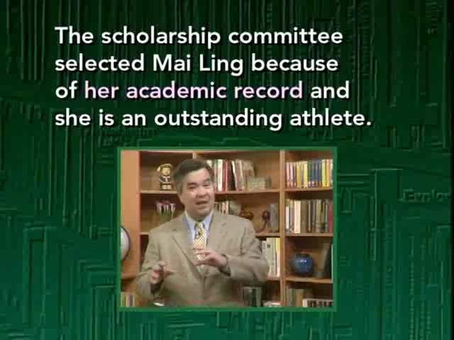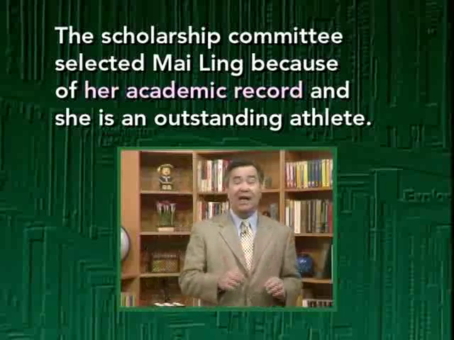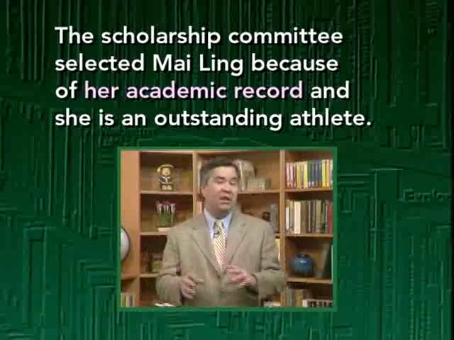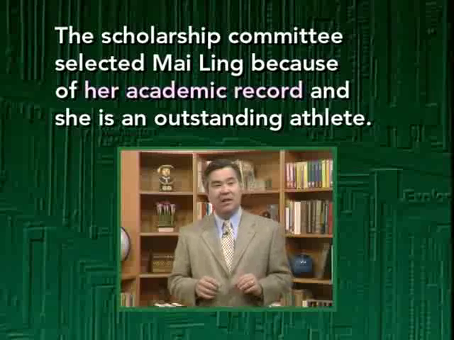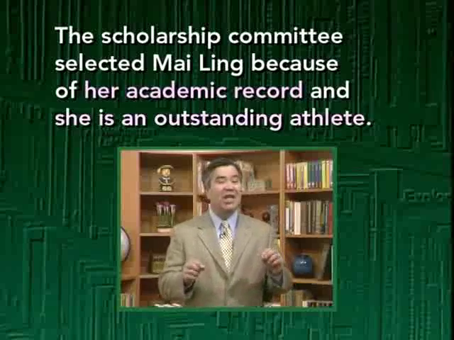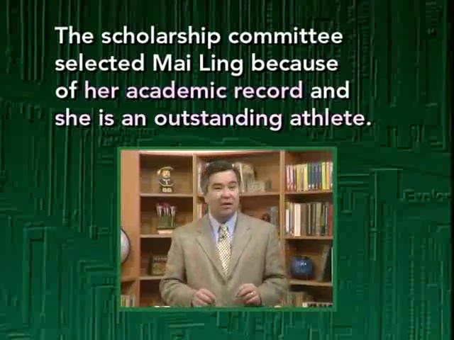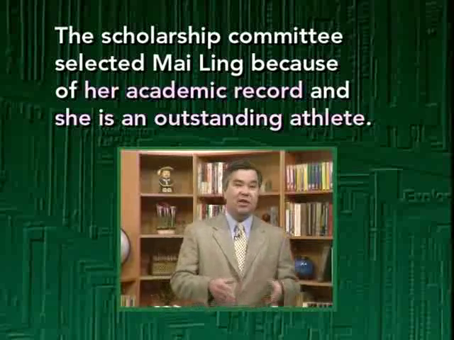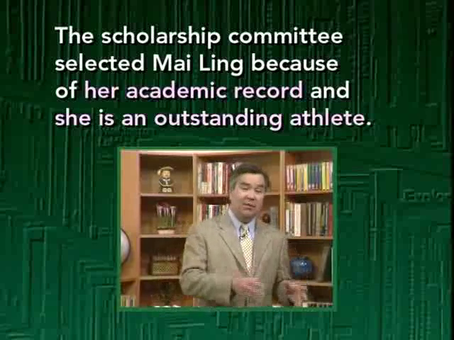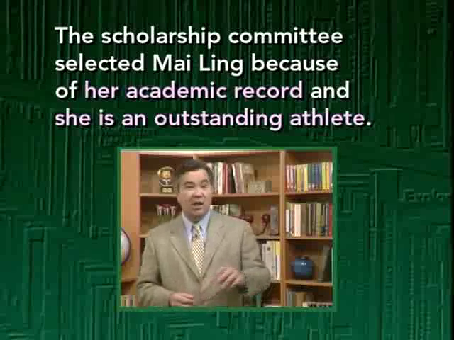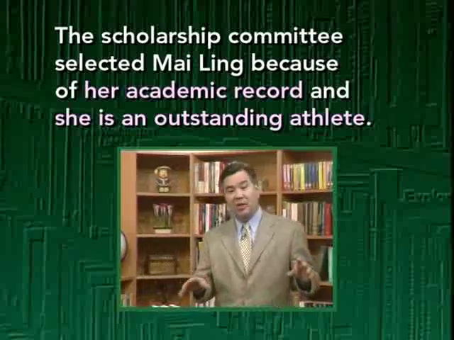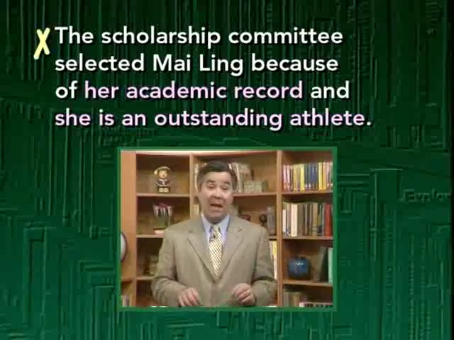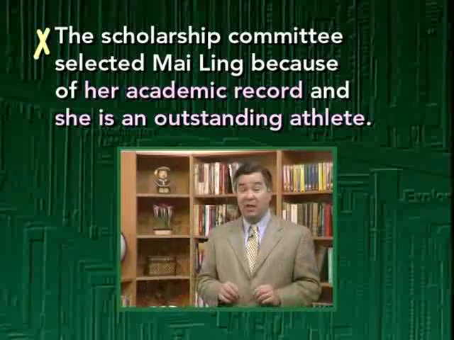However, the second idea, which is the other reason why the scholarship committee selected her, is a clause. She is an outstanding athlete. Remember, a clause contains a subject and a verb, and here we have the subject she and the verb is. So we have a phrase matched with a clause, and the two just don't match. They aren't parallel to one another.